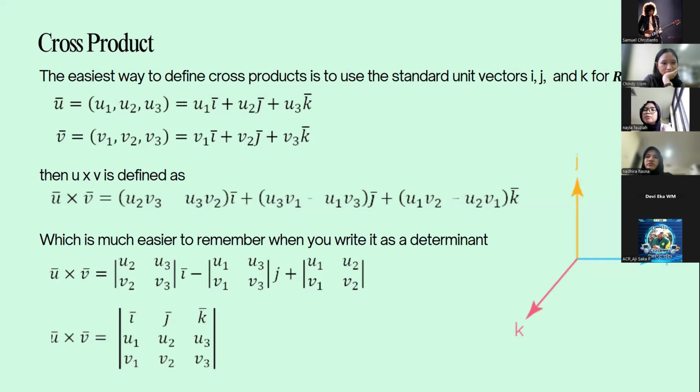So the easiest way to define cross product is to use the standard unit vectors i, j, and k for R3.